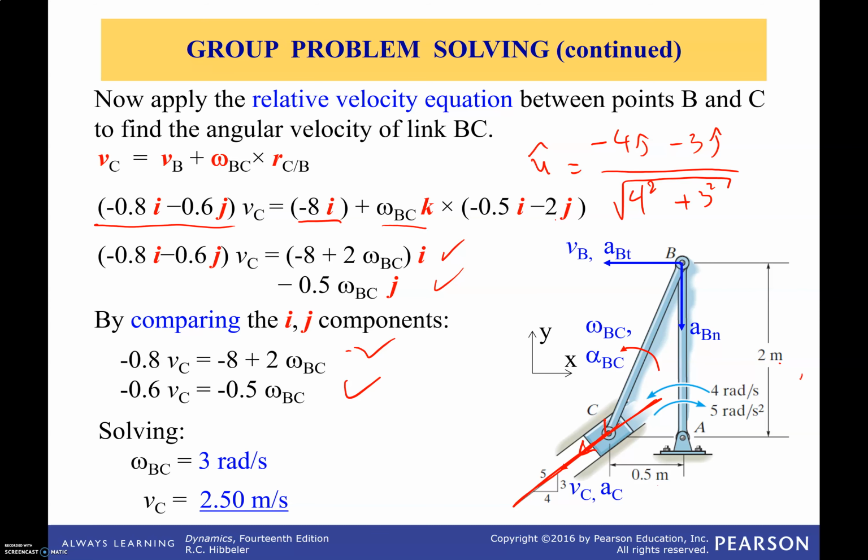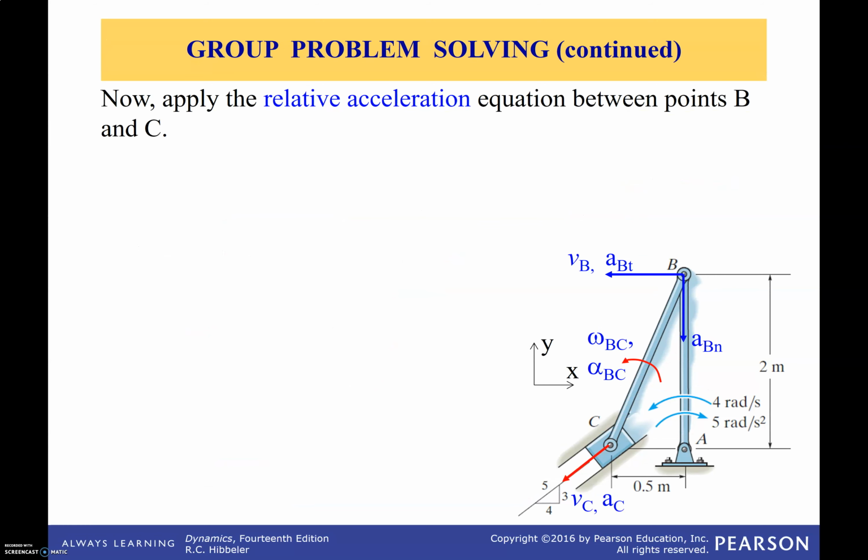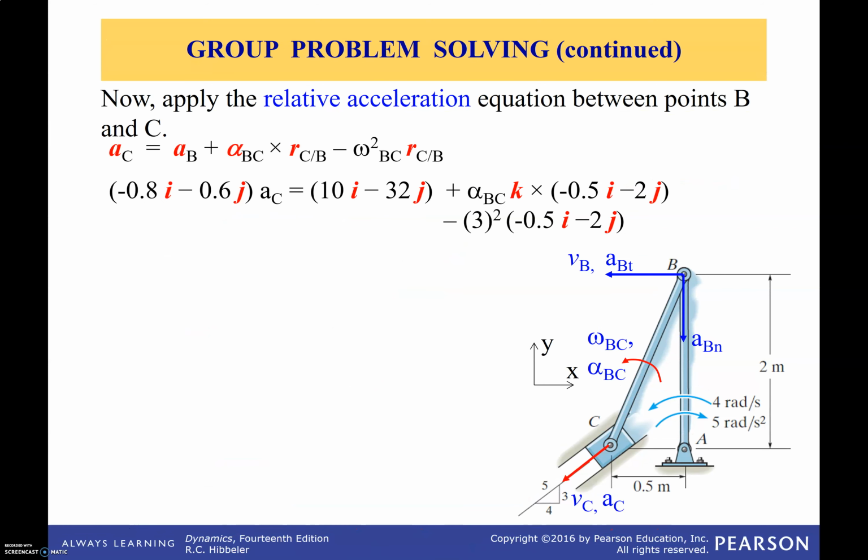So now we have the velocity of C. The next thing is to find the acceleration of C, and we use our equation again. The acceleration of C is the acceleration of B plus the rotational part, which has a tangential acceleration and a normal acceleration. Again, we use that unit vector that we calculated before.